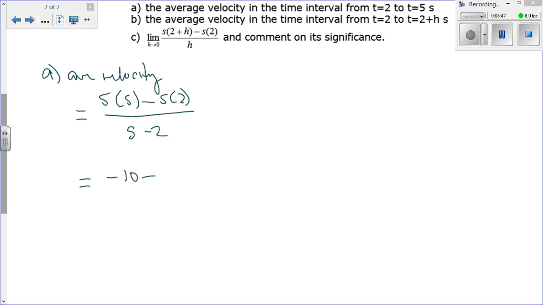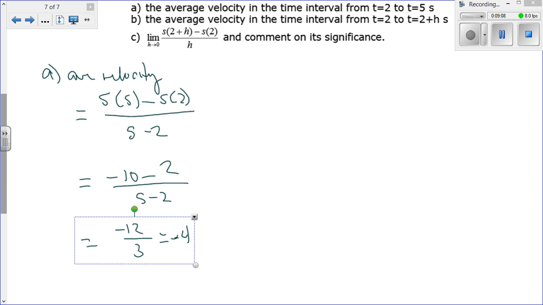Minus s of 2, if I put in 2, I will get 2 times 3, which is 6, minus 2 squared, which is 4, so 6 minus 4 is 2, all over 5 minus 2, so I get negative 12 over 3, which is negative 4 meters per second. And it's negative, so all that means is it's moving left.